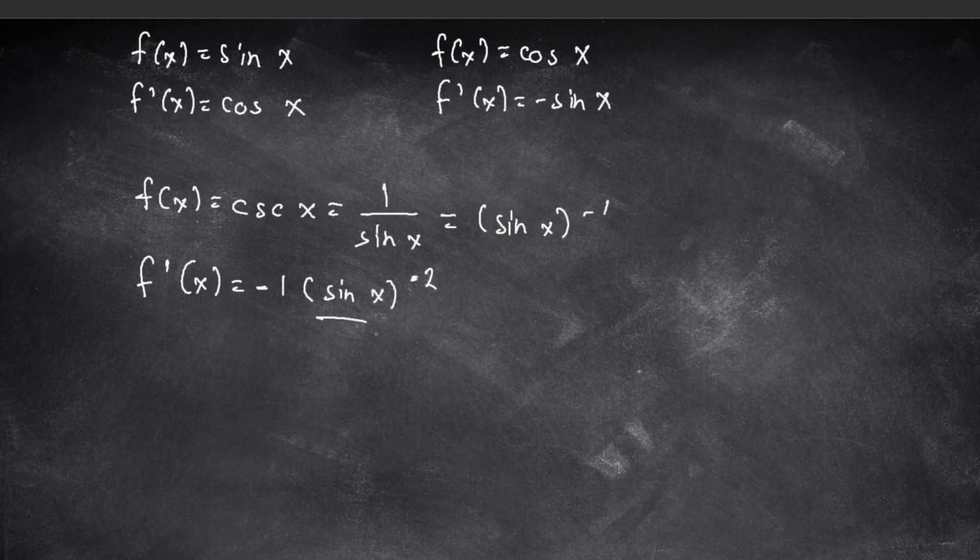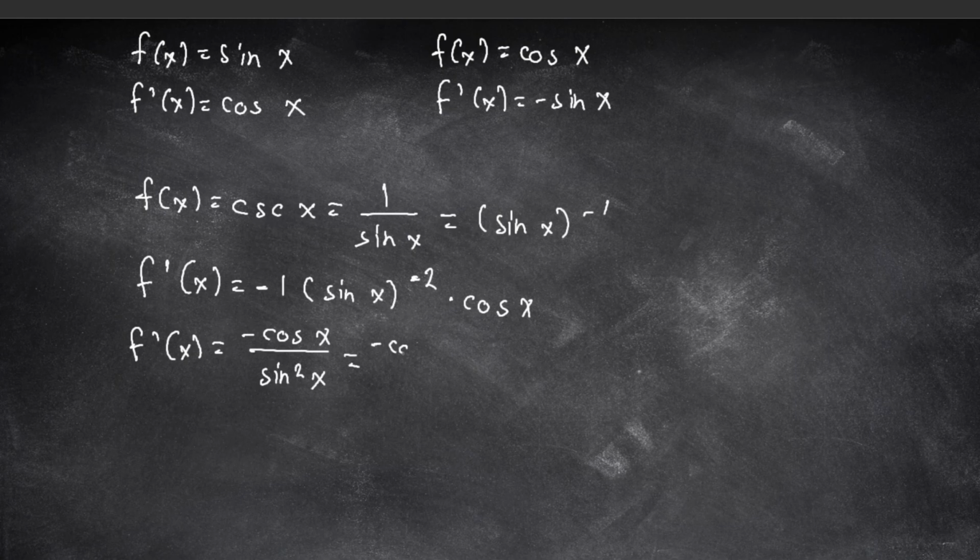Then we need to chain it, so the derivative of sine of x is cosine of x. So we have negative 1 times cosine, which is negative cosine of x. Sine of x to the power of negative 2 is just sine squared of x on the bottom.